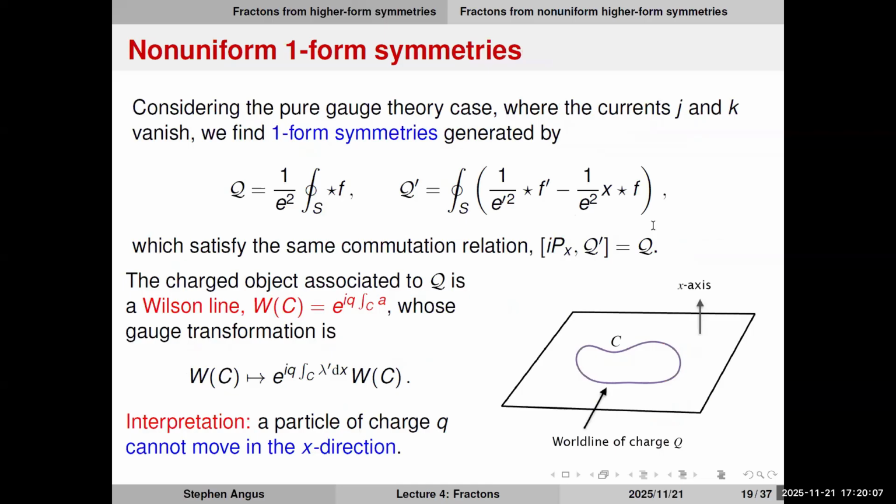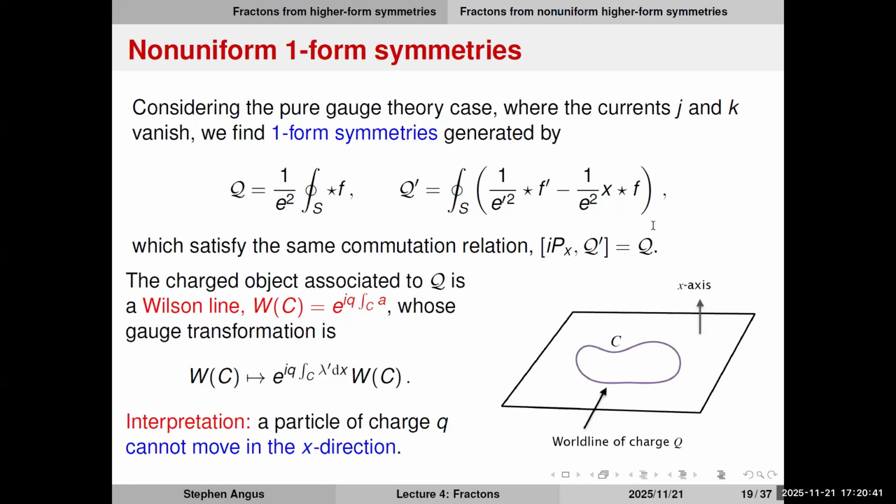When you do the gauge transformation, you get an integral over this curve C of lambda prime dx, and dx of course corresponds to the x direction. So if our curve travels in any way in the x direction, then this operator is no longer gauge invariant and doesn't make sense. The only thing that makes sense is that this world line cannot have any trajectory in the x direction.